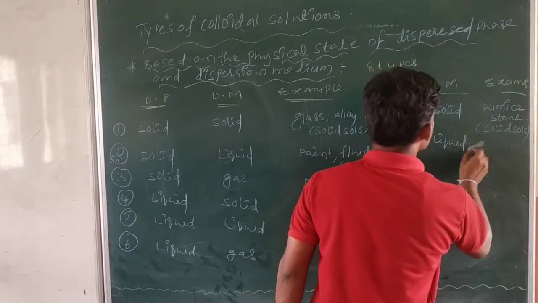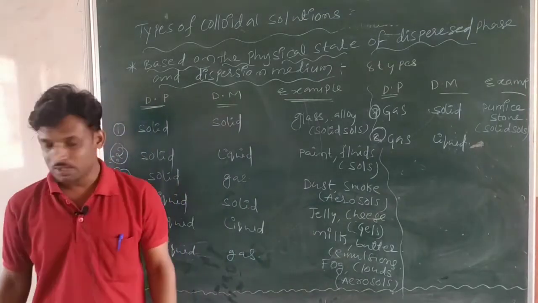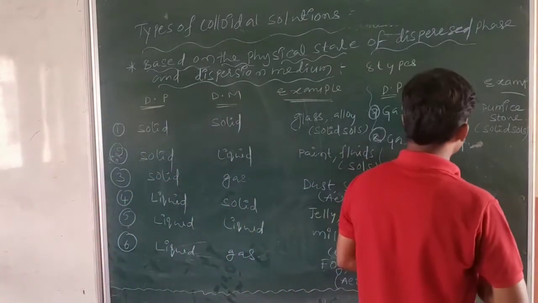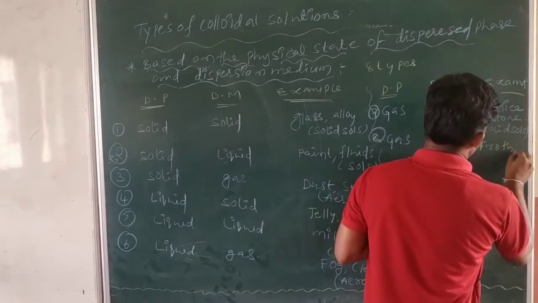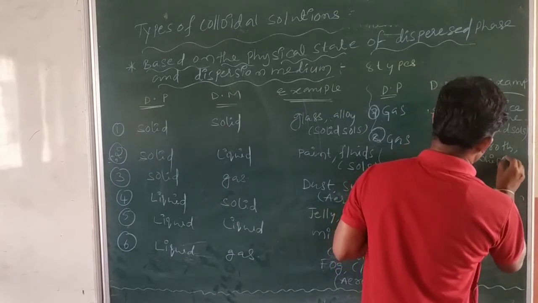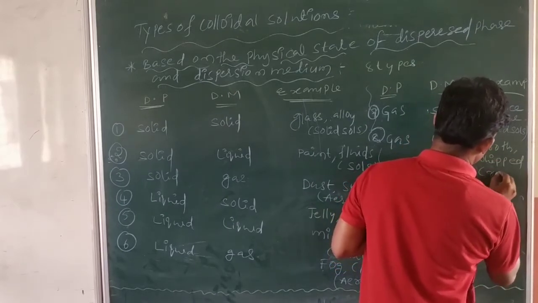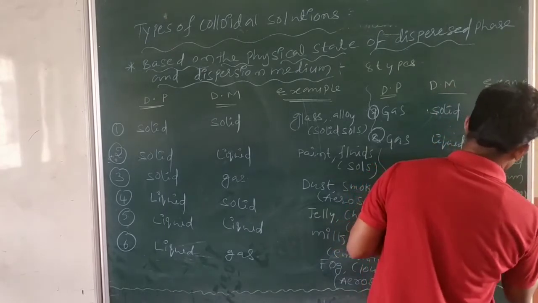These are called foams. Example, froth and whipped cream. So these are generally called foams. So these are the 8 types.